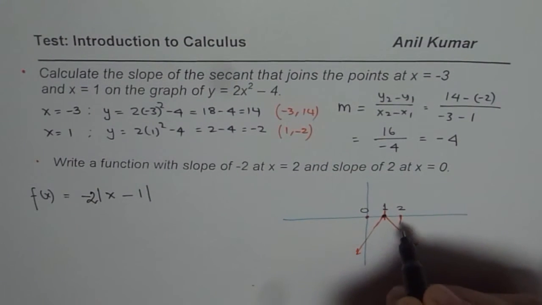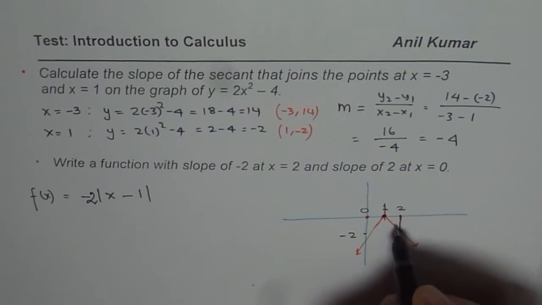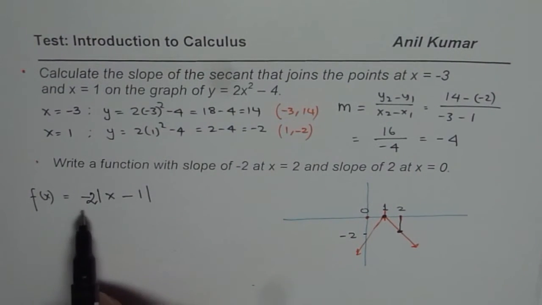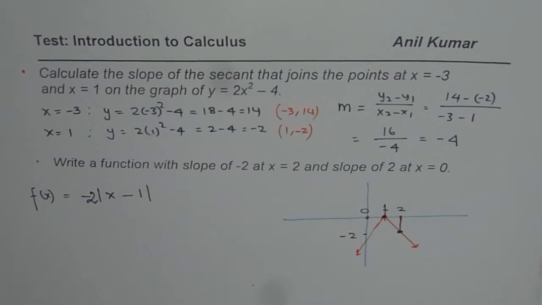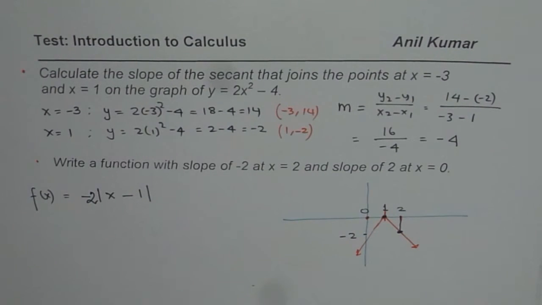Since this point is at 0, now at 2, to have a slope, this should be minus 2. You get my point? So if I have a line which is going with that kind of a slope, rise over run, it should be 2 times this. So the slope becomes steeper. Do you see that? 2 times. So that will give us slope of 2, right?